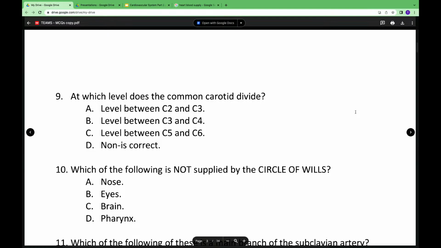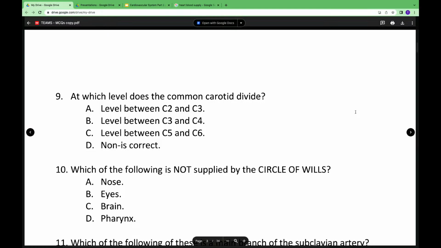And the final question. Which of the following is not supplied by the circle of Willis? We are having which is not supplied by the... If you listened to my lecture today, you kind of have an idea. Brain, maybe?